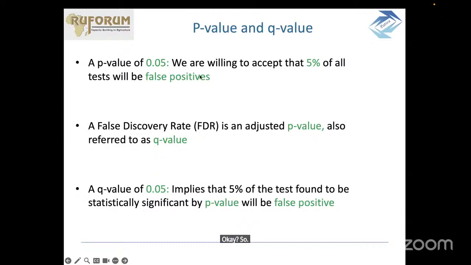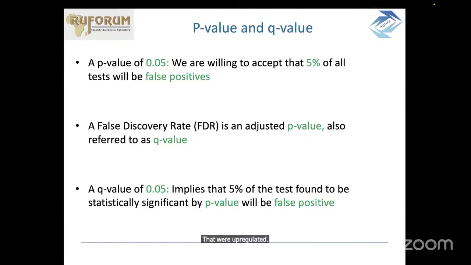Let me explain the columns of p-values and false discovery rate. The p-value tells you that you're willing to accept 5% of all the tests to be false positive. False positive means that if the gene was supposed to be downregulated in treatment but it tells you that it's upregulated, then that's a false positive. Assume you had 200 genes that were upregulated.